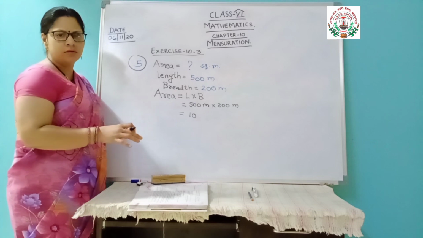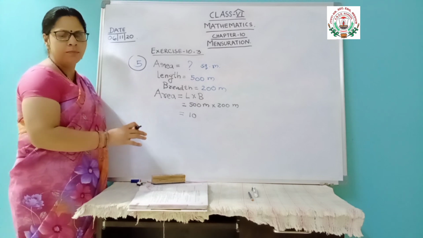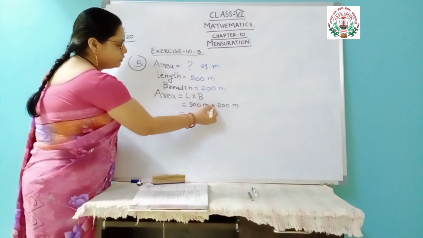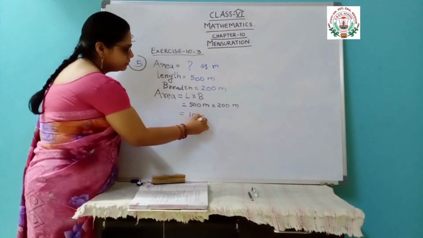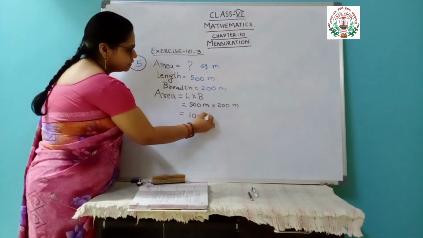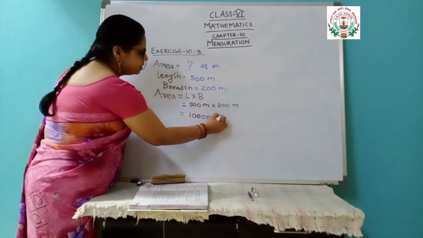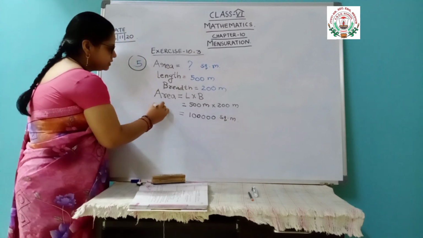But in a short time duration, this is how you will solve, so do that practice also. 5 into 2 is 10. Then 2 zeros of this one and 2 zeros of this one, so this many zeros will come, and the unit is square meter. This much is the area.